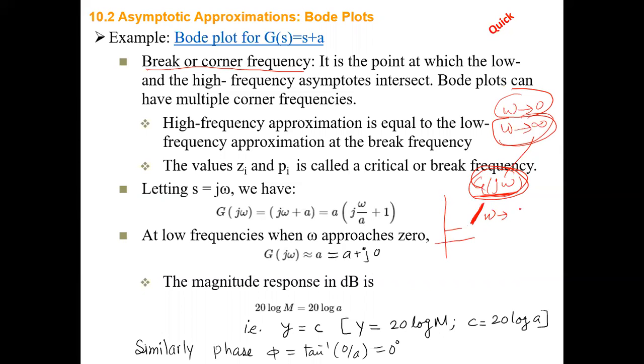Then what happens in between? Maybe this one goes like that, this one comes down, and they meet somewhere. The frequency at which they meet is called the break frequency, or we can also call it the corner frequency.